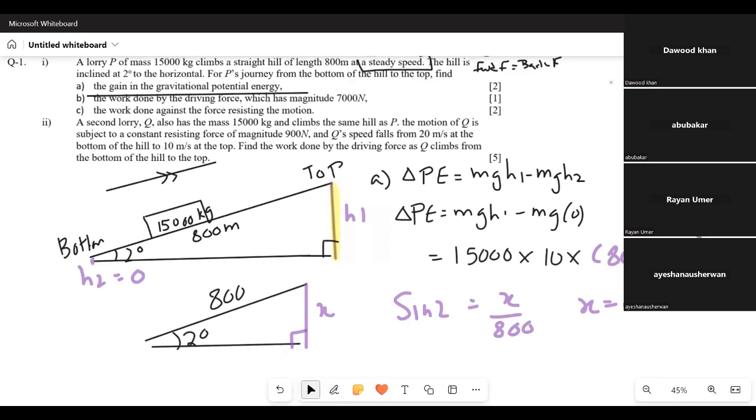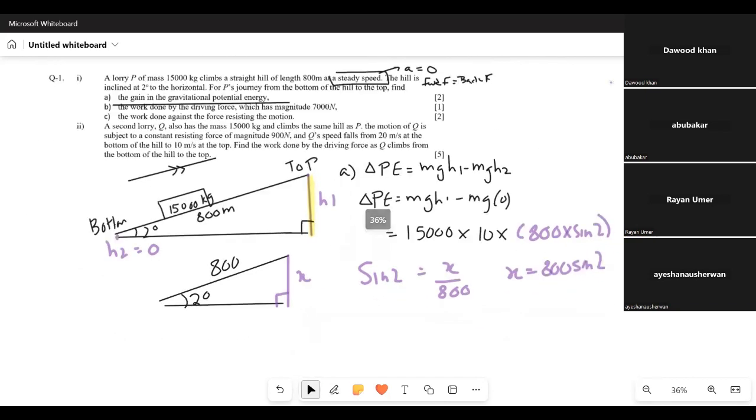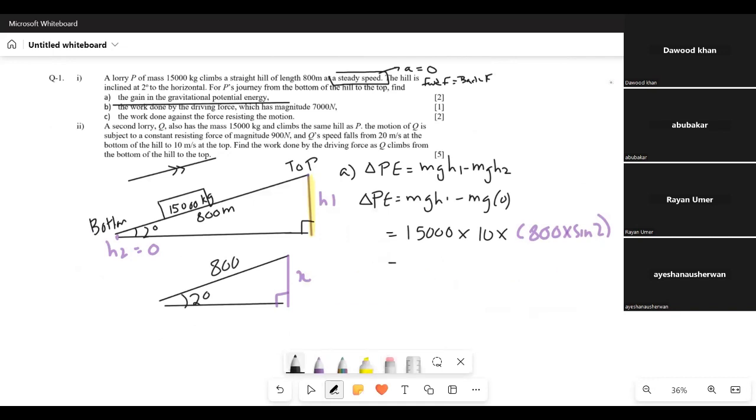This should give you the gain in potential energy, which is 4187939.04. Energy, so the unit is joules. And we round off a non-exact answer to 3 significant figures. So 419 and then 4 zeros.